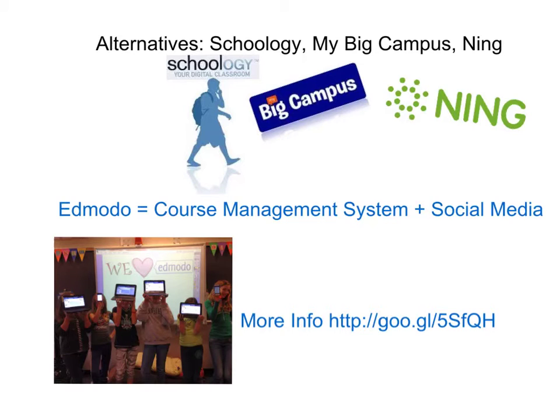They do not have options for the corporate world. Another option for anyone is Ning, and Nings were a lot more popular before they started charging a couple years ago. But all of these offer the same type of environment for people to collaborate, communicate, blog, share resources, and manage learning or manage a conference.